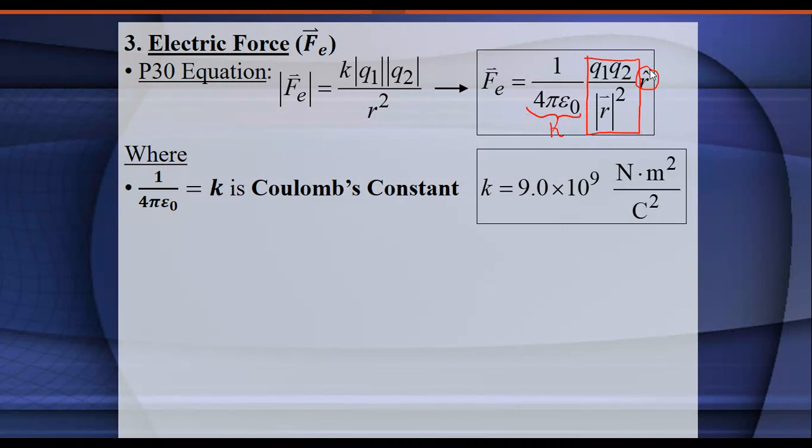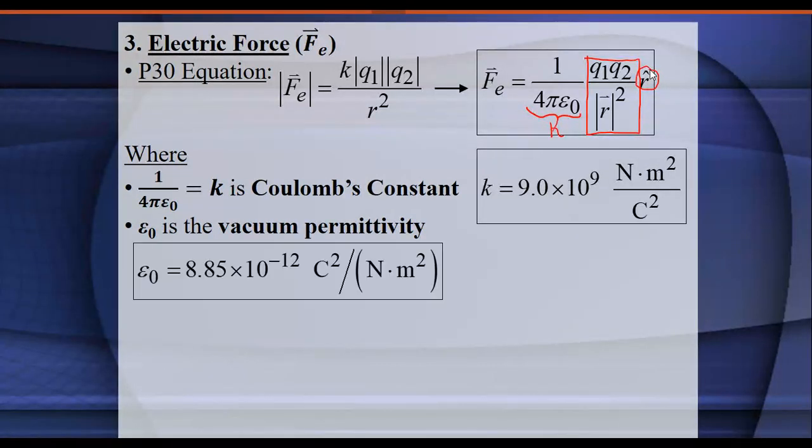But that term epsilon naught has a special name, and we'll come back to this term throughout the unit. It's referred to as the vacuum permittivity, and the vacuum permittivity has a number that looks like 8.85 times 10 to the negative 12 coulombs squared divided by newtons times meters squared.